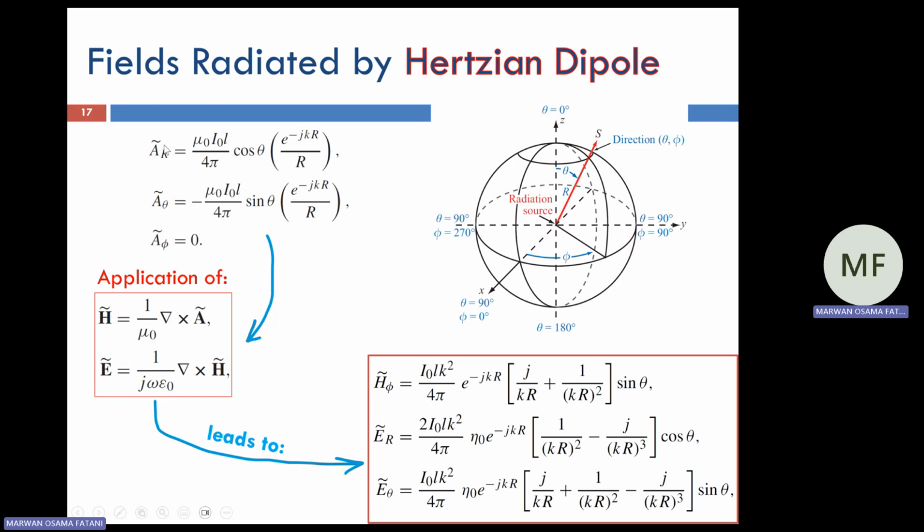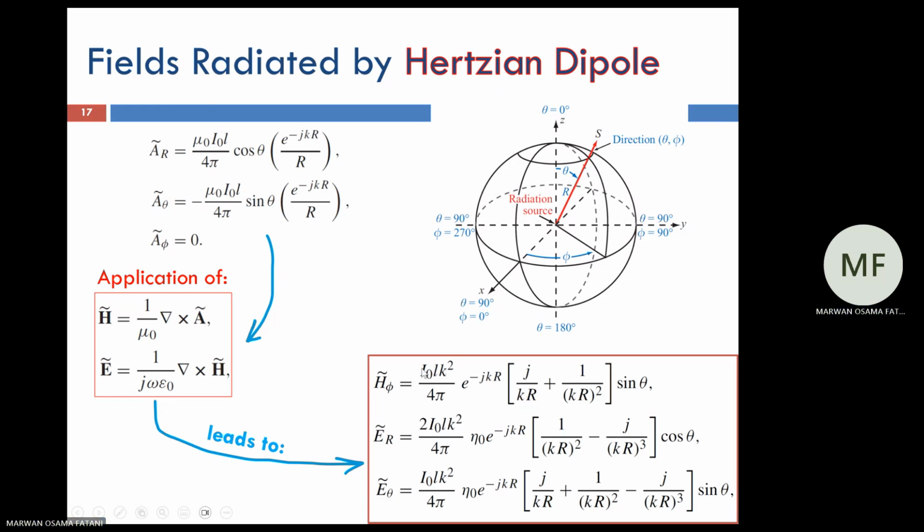After solving for A_r, A theta, and A phi, and applying Maxwell's equations, this leads to our final equations for the magnetic field, electric field along r, and electric field theta.